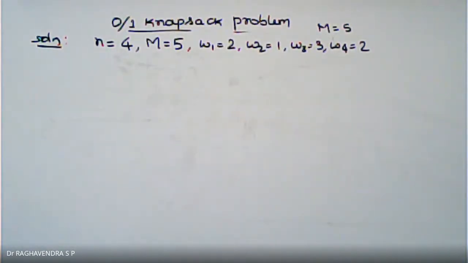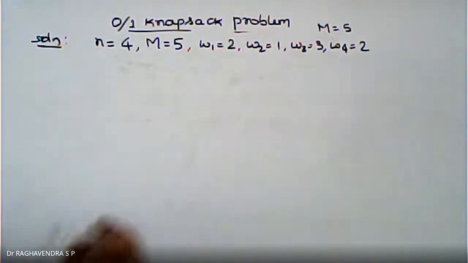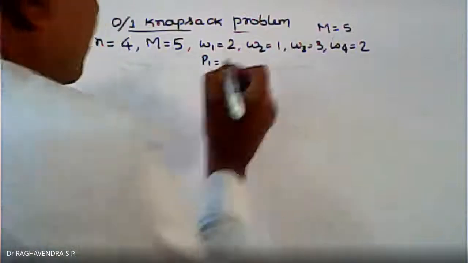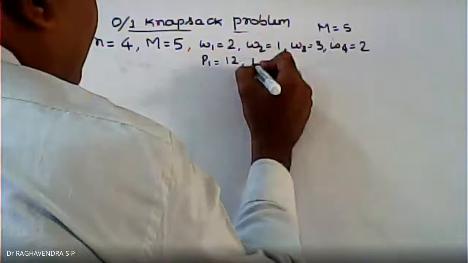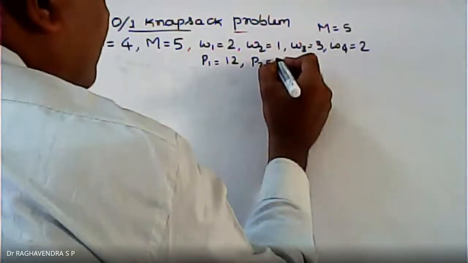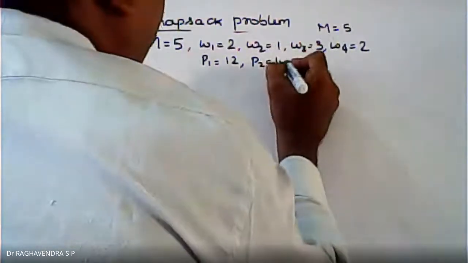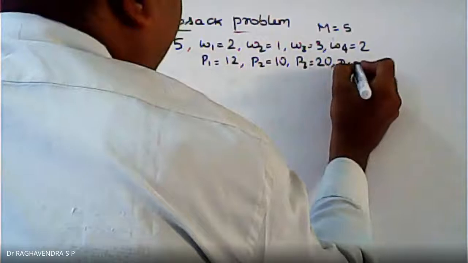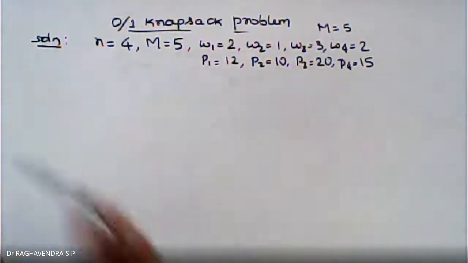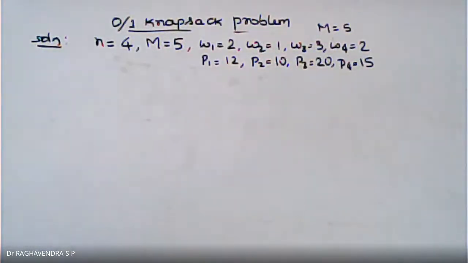Correct? Below, write T1 is equals to 12, T2 is equals to 10, T3 is equals to 20, T4 is equals to 15. So this is the given data. Correct?